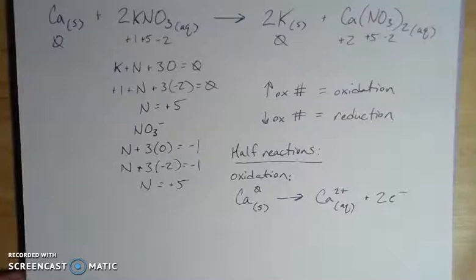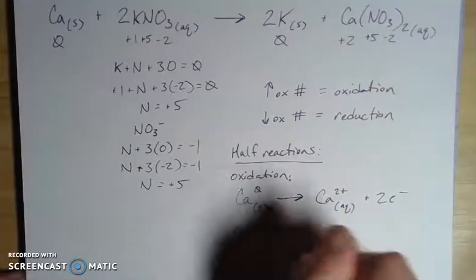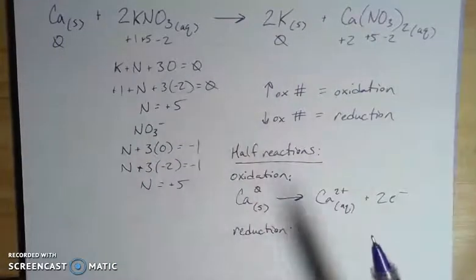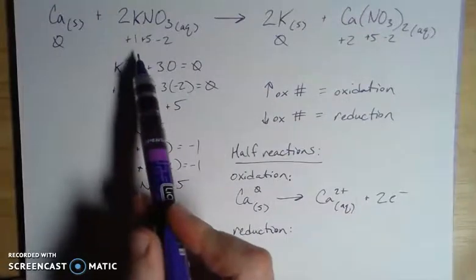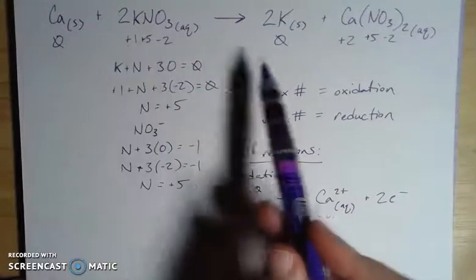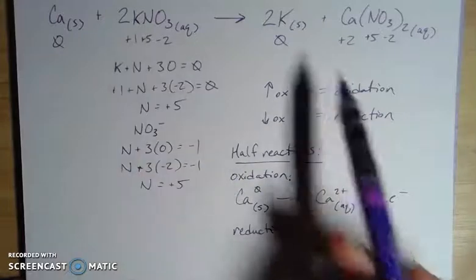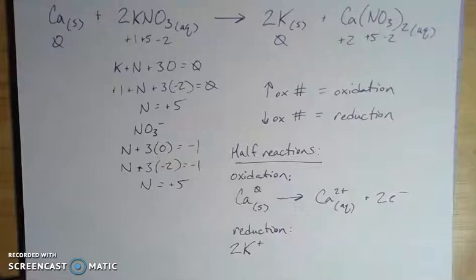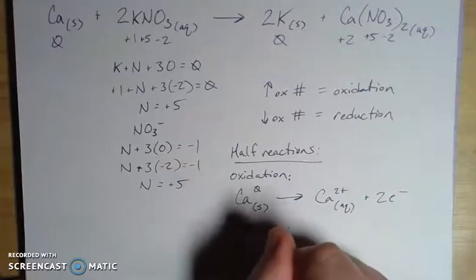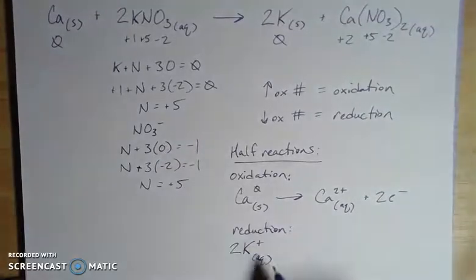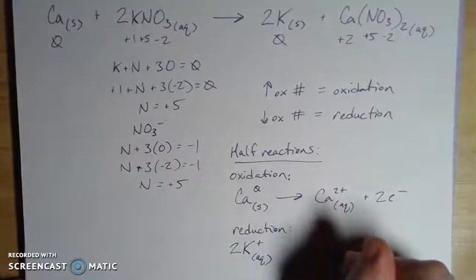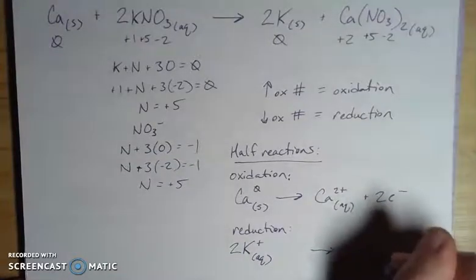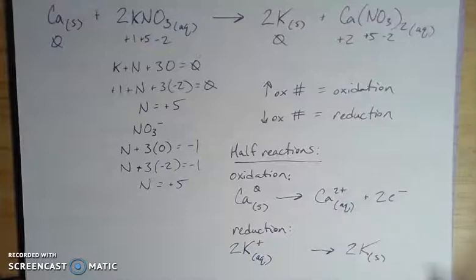Now reduction is gaining electrons. If we're thinking about this in the context of our reaction above, which one is reducing the oxidation state? Well, that would be my potassium. It's going from a +1 to a 0. So I have 2 potassiums on this side. They're in +1 oxidation states. And then I'm going to 2 potassiums on this side that have no charge.